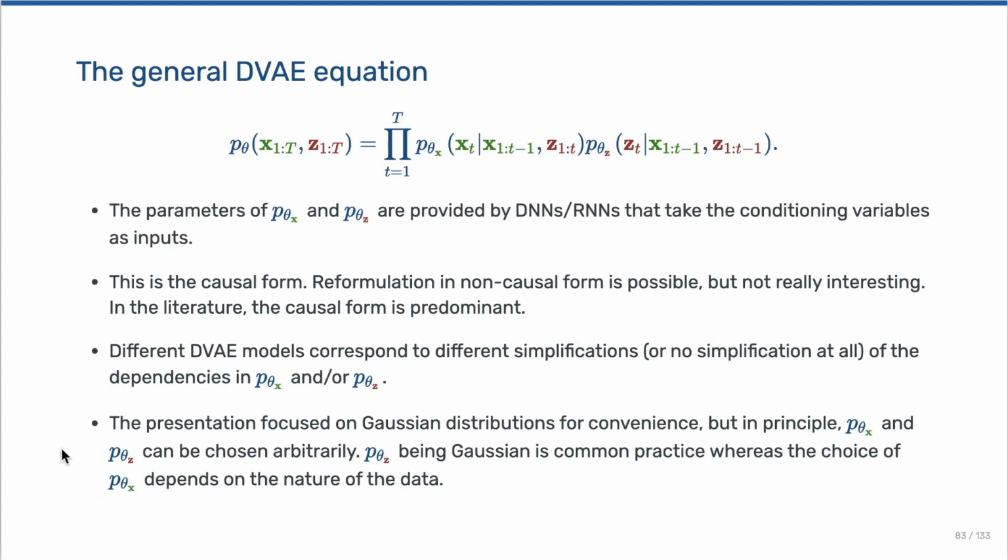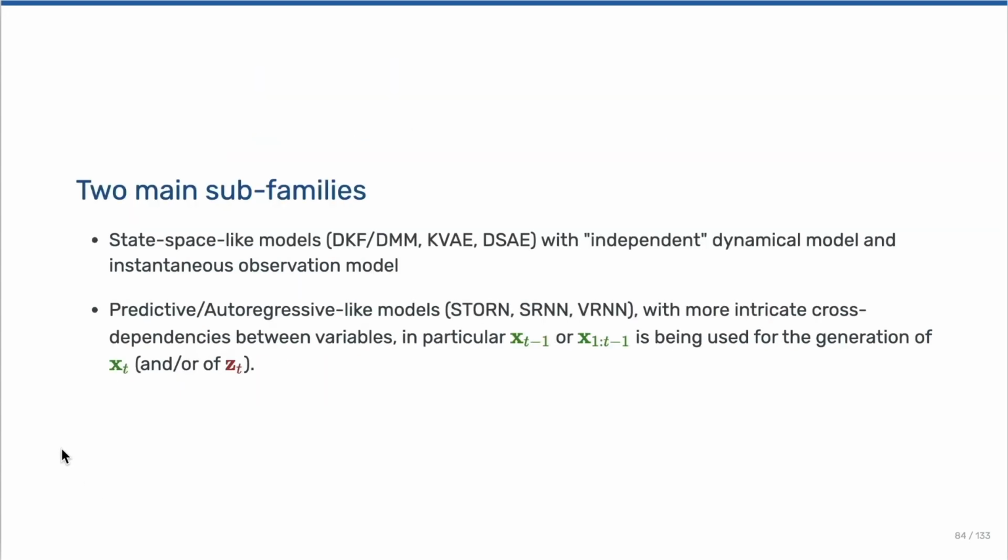Then, an important observation that we can make after our DVAE tour is that the presented DVAE models can be grouped into two main subfamilies. On the one hand, we have state space-like models, DKF-DMM, KVAE, DSAE, with an independent dynamical model, in the sense that the dynamical model does not depend on xt, it separately models the evolution of the state sequence, and an instantaneous observation model.